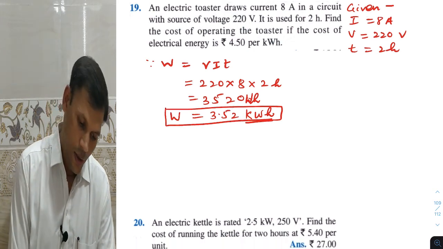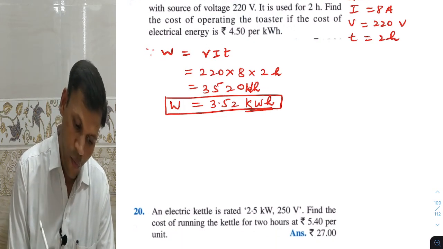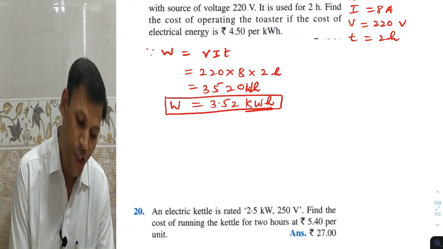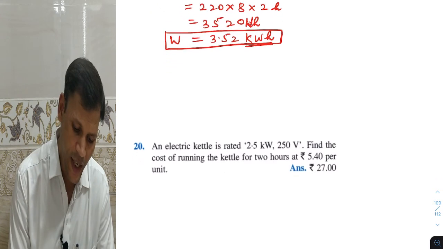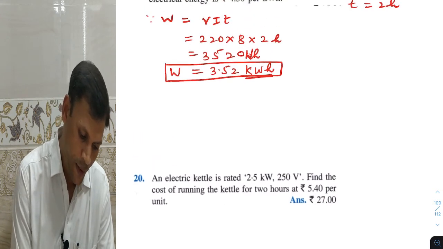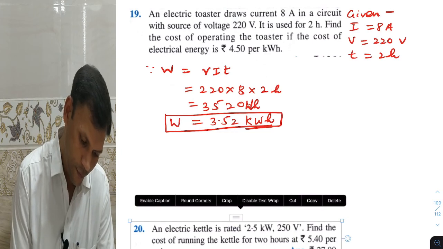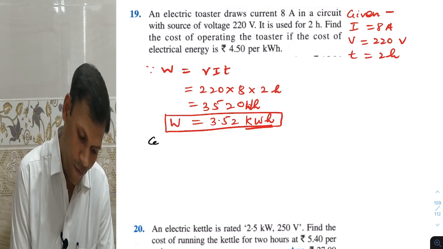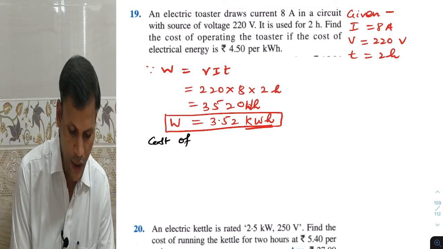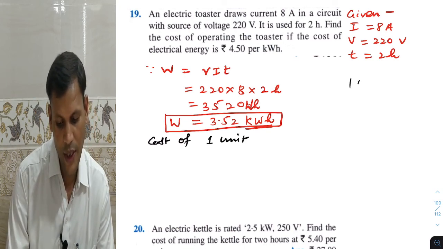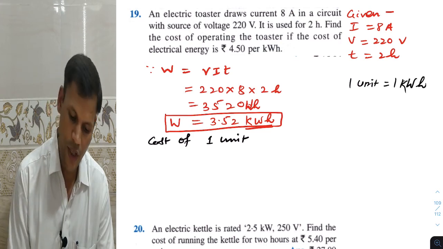So cost for 1 hour, or 1 unit, this much we can write as this much unit. So cost of 1 unit: 1 kilowatt hour is 1 unit.